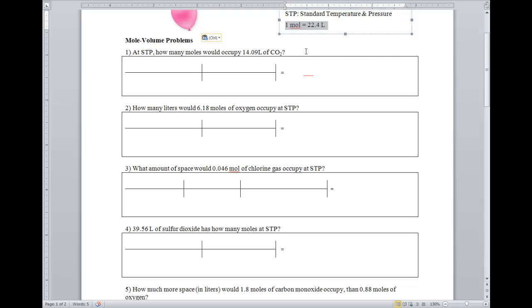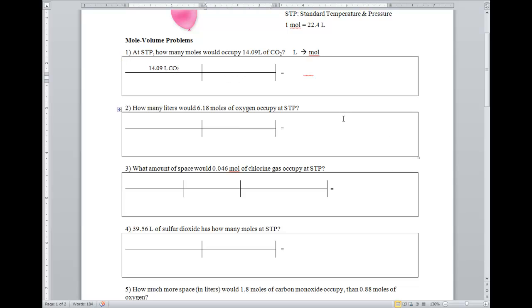At STP, how many moles would 14.09 liters of carbon dioxide occupy? Well, we're given liters, so that's our start, liters. We want to convert to moles. Let's start off with our given, which is going to be 14.09 liters of carbon dioxide gas.